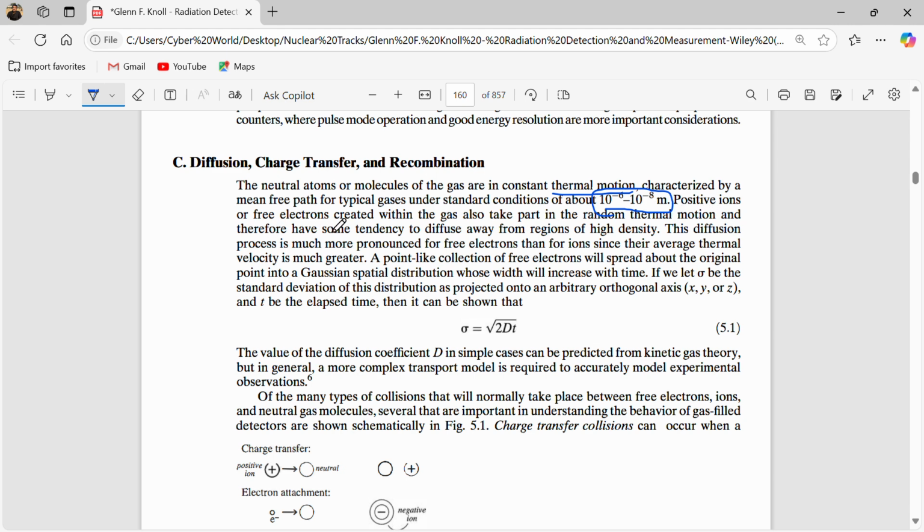Positive ions or free electrons are created within the gas, because we know that ion pairs have to be created. The positive and negative ions also take part in the random thermal motion.